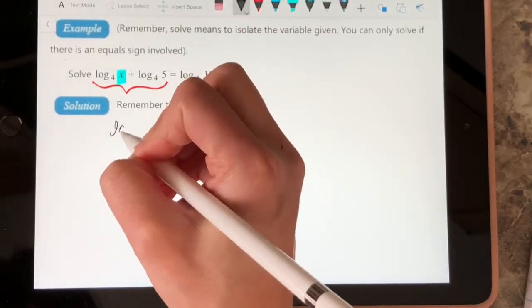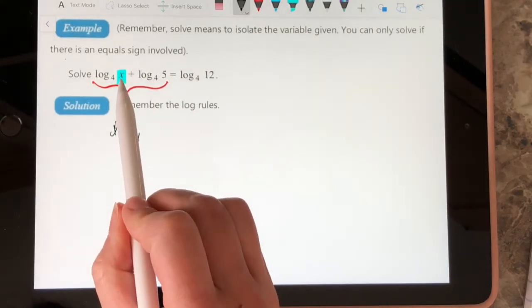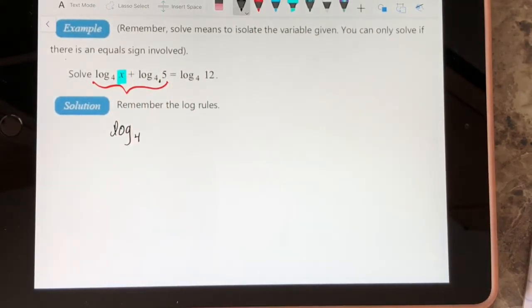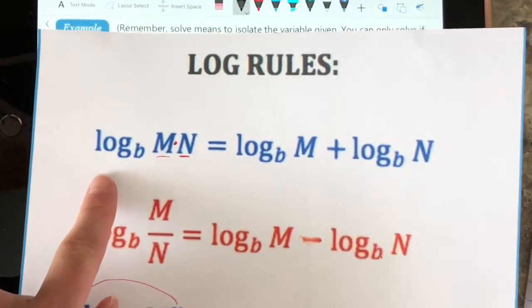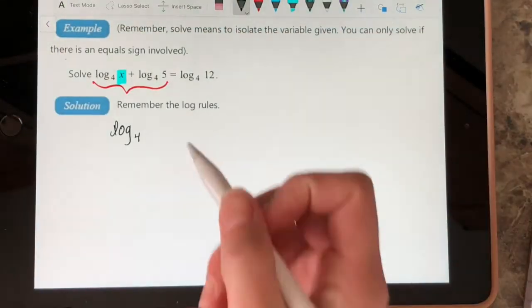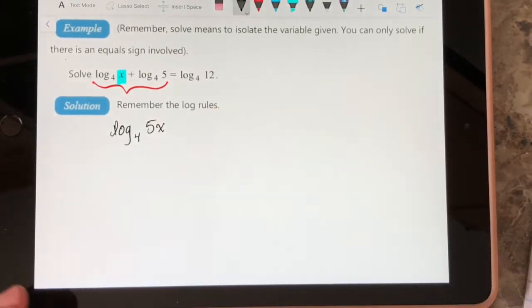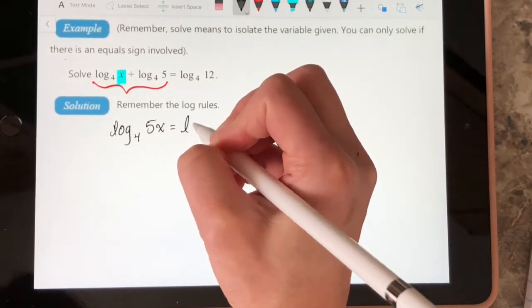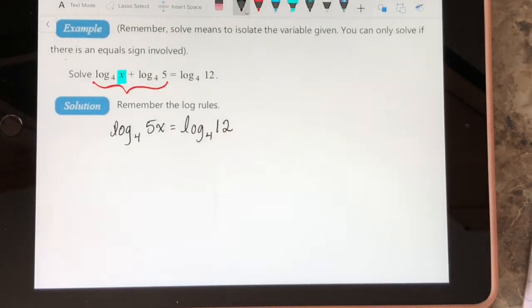That's going to give us log base 4. We have x plus log base 4 of 5, which means we're going to be using the addition rule to condense. We multiply the inputs, and the inputs are x times 5. I'm just going to put 5x. Log base 4 of 12. So I've simplified the left side by condensing it.